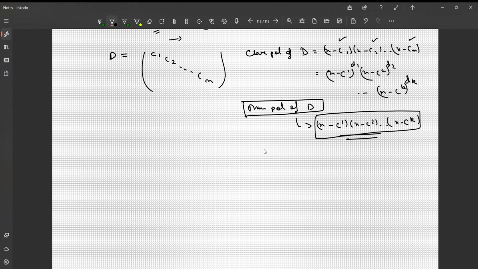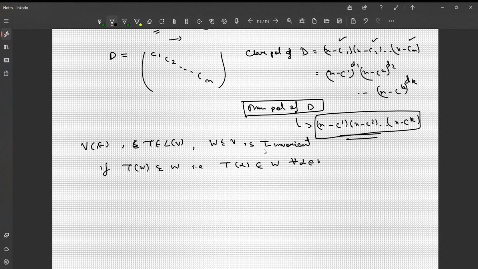So if I just go through a quick recall, if you have a vector space V over F, and T is a linear operator defined on V, then a subspace W of V is called T invariant if the image of W under T is contained in W. That is, if you choose any element alpha from W, then the image of that element is inside W, for all alpha in W, right?